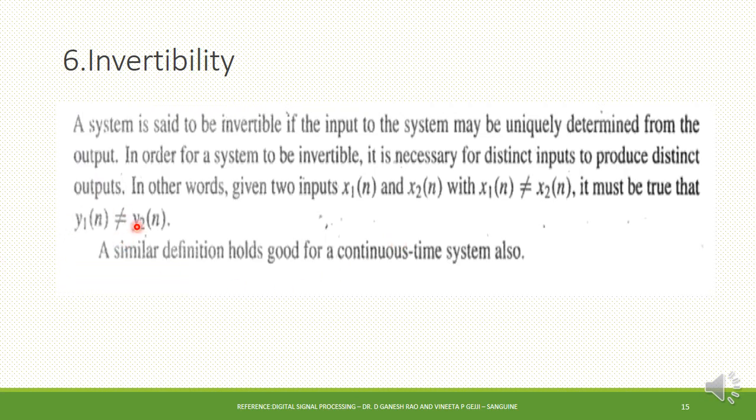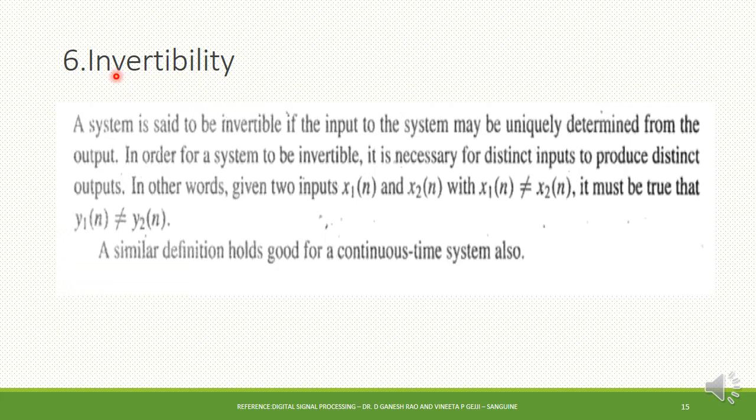In other words, given two inputs x1 of n and x2 of n, if x1 of n and x2 of n are not equal, then the outputs must also not be equal. How are you going to remember invertibility?